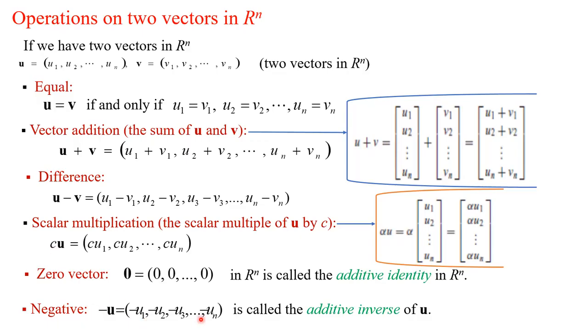And this negative of the vector is also given this fancy name of additive inverse. So if u is your vector with components u1, u2 till un, then minus u will be the vector minus u1, minus u2, minus u3 till minus un. And this minus u is the additive inverse of the original u vector. And if you add u with minus u, you will get the zero vector.